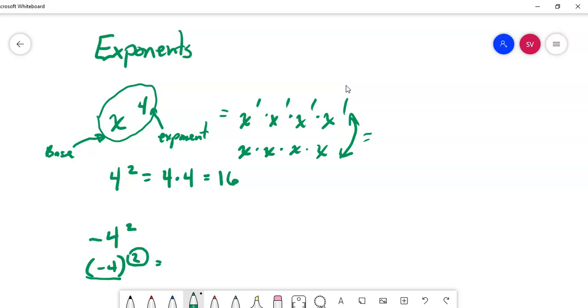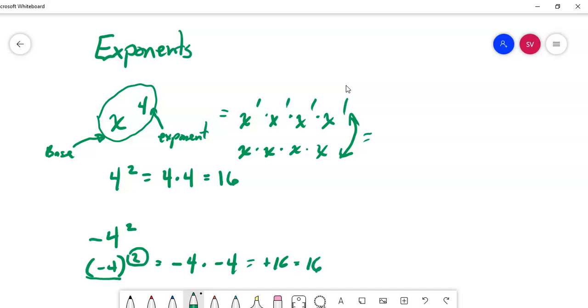So it's going to end up being minus 4 times minus 4. With two minus signs involved in multiplication, that will give us a positive result, a positive 16, or just simply 16.